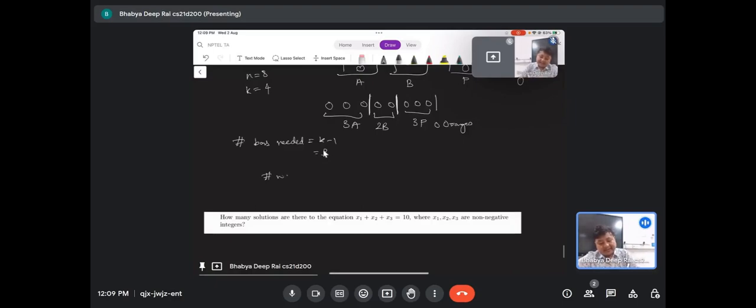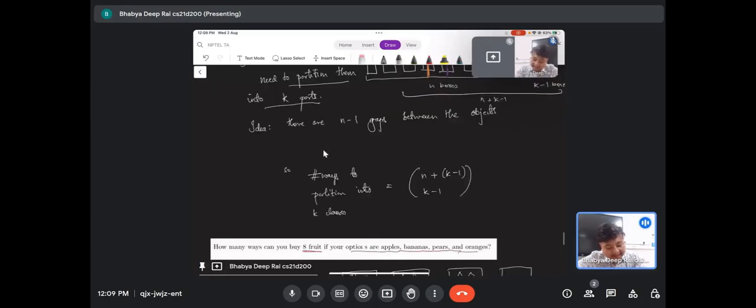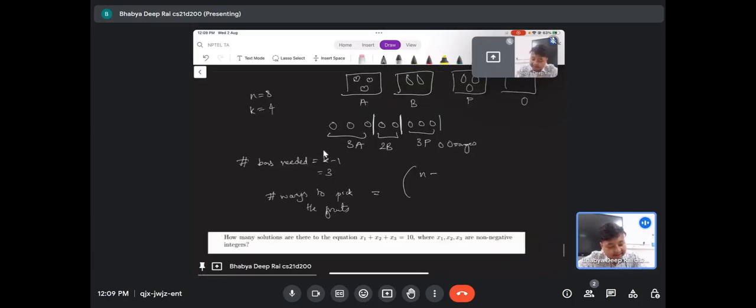So the number of ways to pick the fruits is nothing but, by the formula for the bars method, n plus k minus 1 choose k minus 1, which is 8 plus 3 choose 3, which is 11 choose 3.